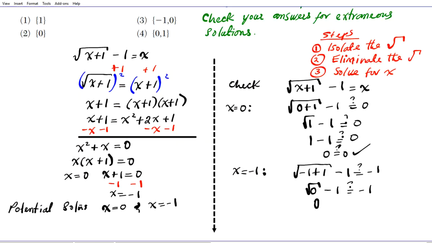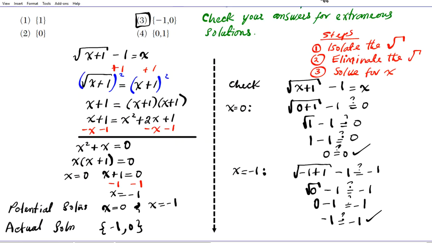Square root of 0 is just 0. Is 0 minus 1 equal to negative 1? Is negative 1 equal to negative 1? It certainly is. So our actual solutions are the set of negative 1 and 0. Answer to number 2 is option number 3.